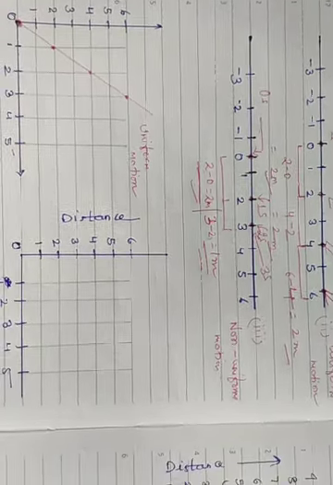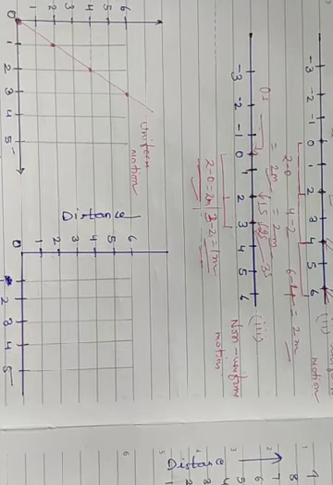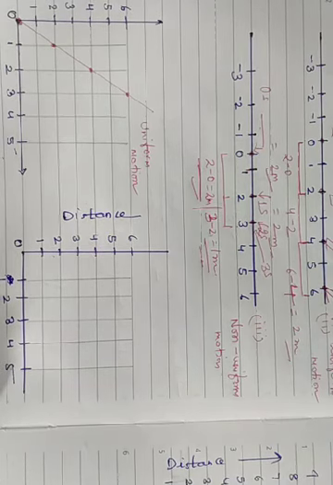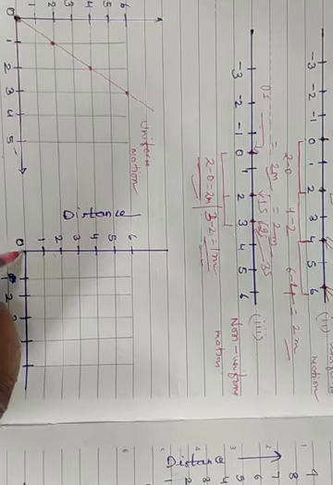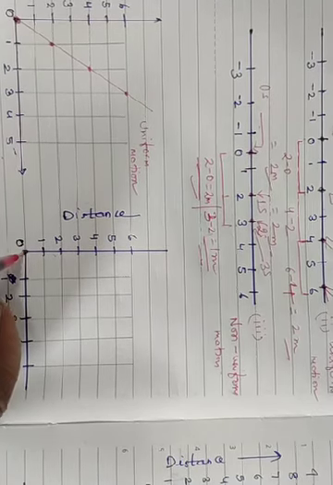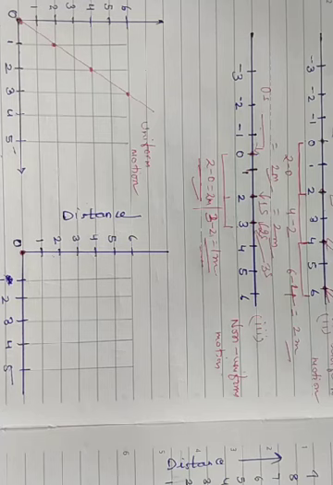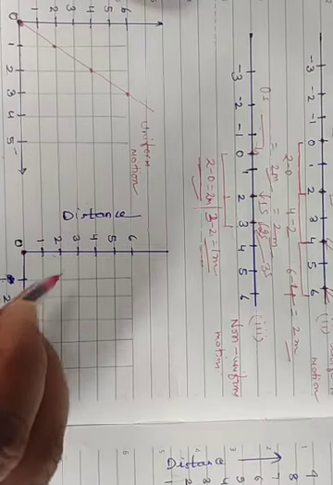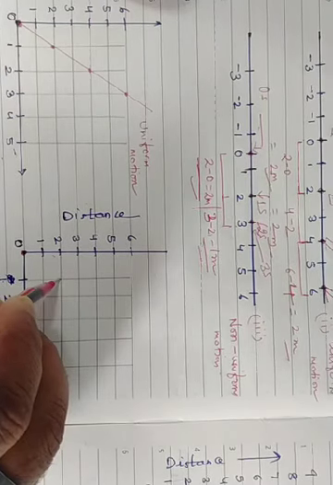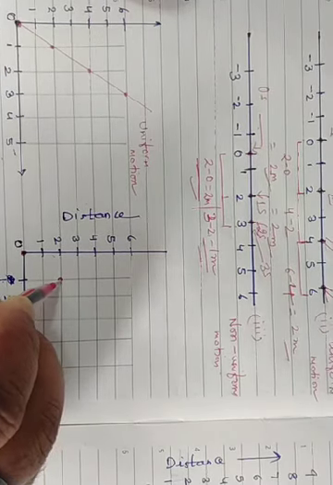Let's see what sort of graph is obtained for case number 3, which is related to non-uniform motion. Here we have 0 meter at 0 seconds, so this is the first point obtained. Now in the first second, the distance covered is 2 meter.